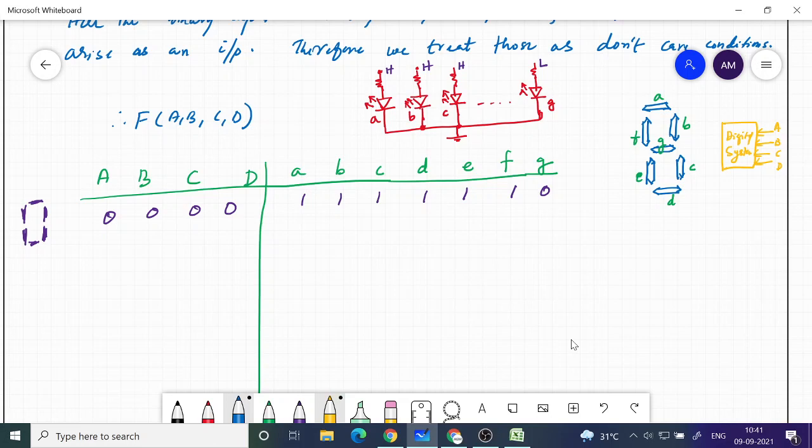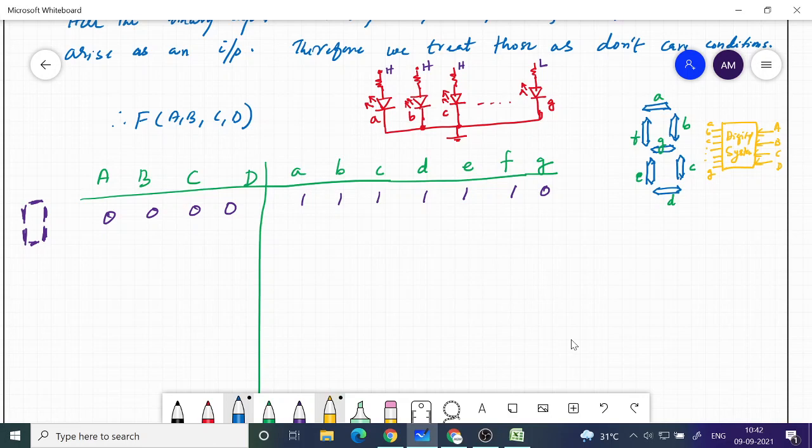There will not arise any other combination here because there are only 9 digits, right? And we have 7 outputs for this digital system, each one going to one LED, like here I have done A, B, C, D. One goes to A, another B, another C, etc. up to G.